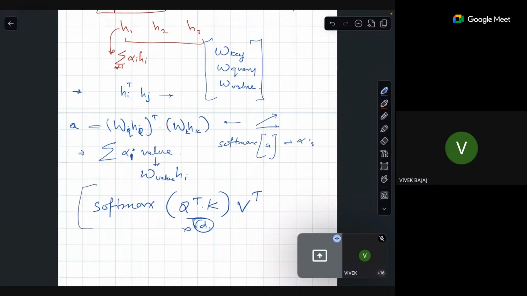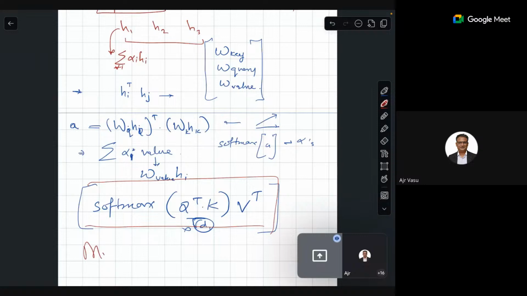But I hope everybody understands the intuition behind this formula, right? If not, then please come forward and we can discuss.